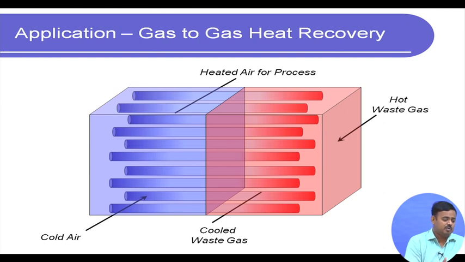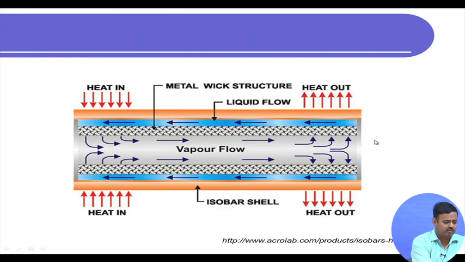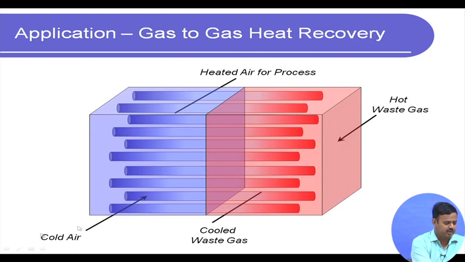And again, to make it more generalized, it does not have to be air, it can be any other fluid as well. Okay. So, we have hot waste gas coming in over here and cold air which we want to heat up.